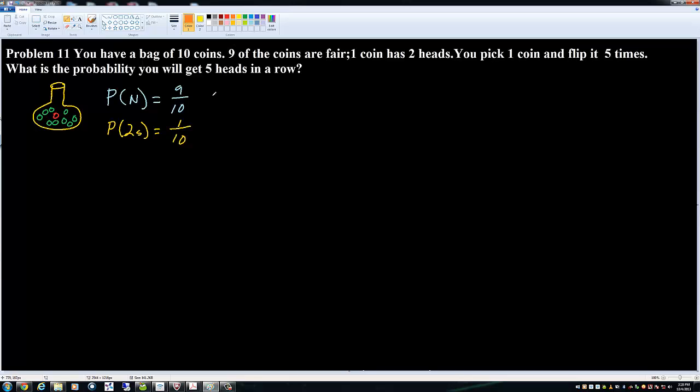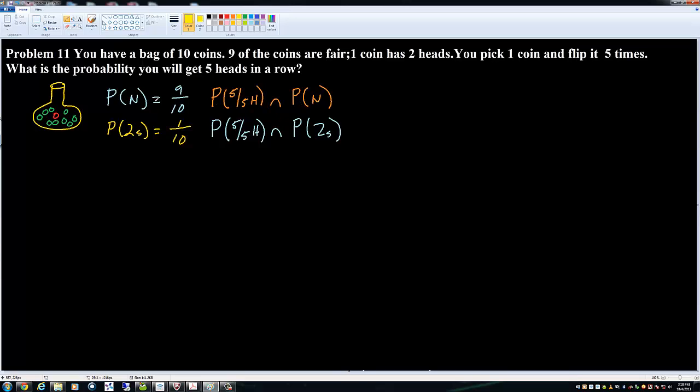Well, the way we write that is, what is the probability of getting 5 out of 5 heads and the probability of picking the normal coin? On this arm of the study, what is the probability of getting 5 out of 5 heads and the probability of picking the two-sided coin? So we need to calculate both of these probabilities.